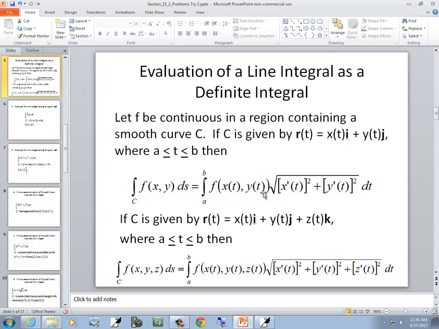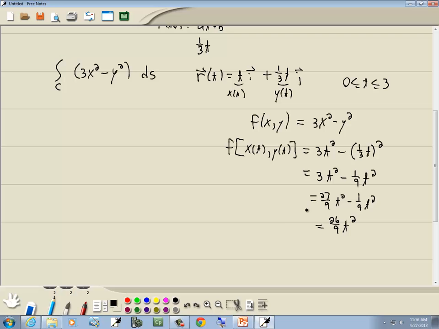Okay, and that's our f of x of t, y of t. I need x prime and y prime. So x prime, the derivative of t, is 1, and y prime, the derivative of this, is 1/3.